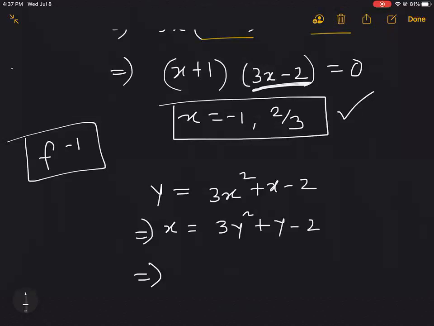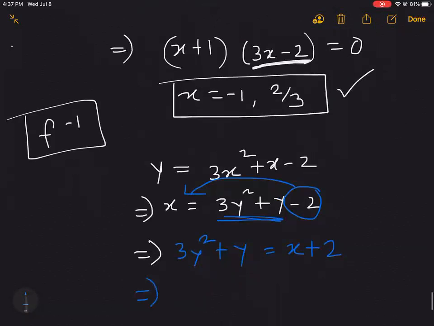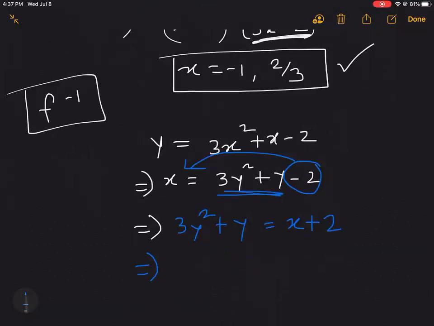So that means we want to isolate the terms with y's and we'll change sides for the other. So it will be 3y squared plus y equals x plus 2, right? I've just changed sides for this. So it has become x plus 2. Then I've just flipped sides for each other, okay? So if I solve it for y, what should I do?